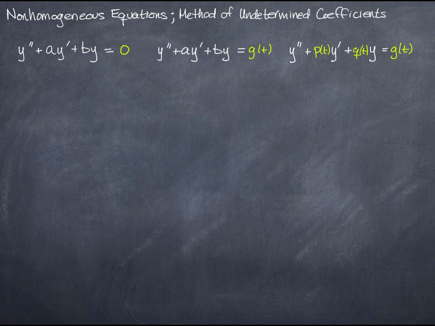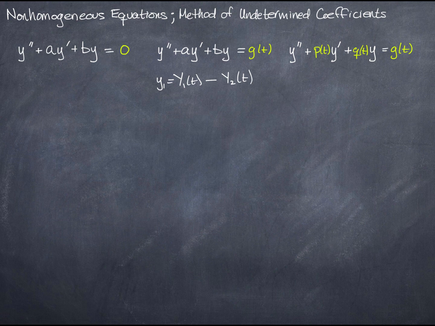The first fact is that if you have two solutions, Y1 and Y2, to this non-homogeneous differential equation, then you can subtract them and you'll get a solution to the homogeneous differential equation. I'll call that one little y1, because I'm looking for a solution to this homogeneous differential equation.